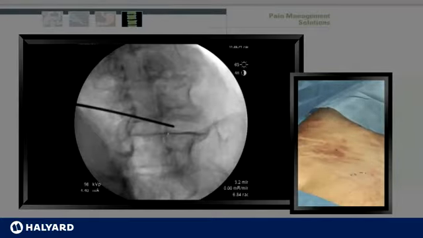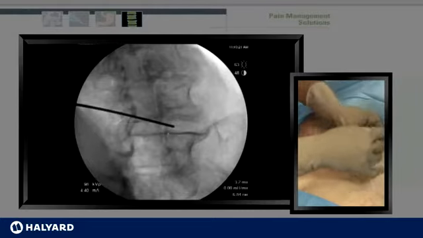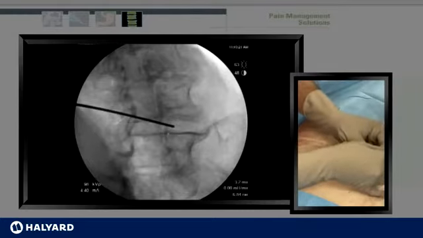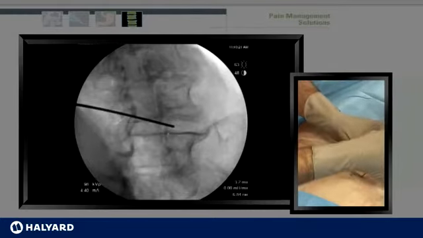Once the target is identified, I typically anesthetize the skin, but also typically anesthetize deeper with a longer spinal needle, projecting the track that I'll be using with my introducer, my ultimate introducer needle.